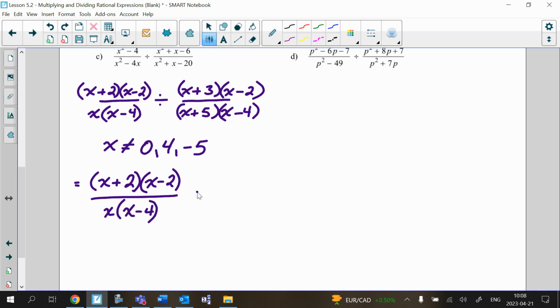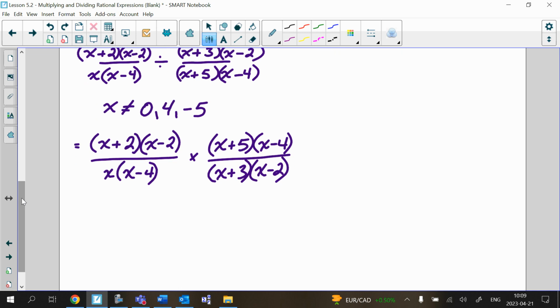Nothing changed in the first one. We still have 0 and 4, but there are a couple of new NPVs in the second one. What can't x be here? And 2. The 0, 4, negative 5? No, because you've already stated it.